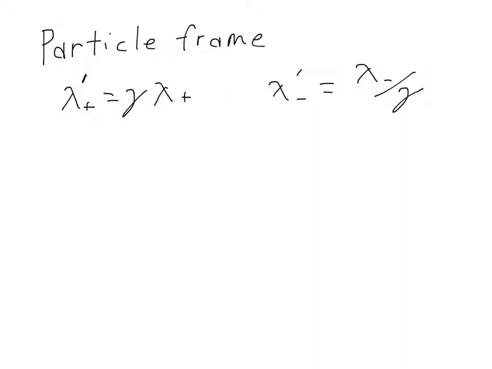So we do have these two wires. We can combine the two effects in our new reference frame, the reference frame now of the particle moving along. If we look at the total, it's just going to be the addition of the two linear charge densities in our new frame.